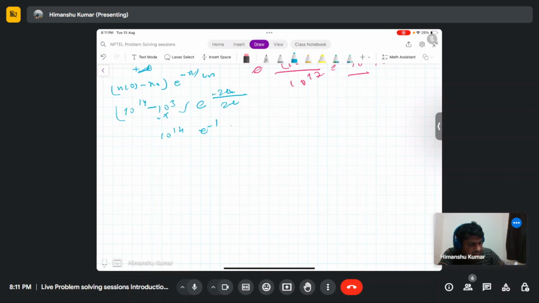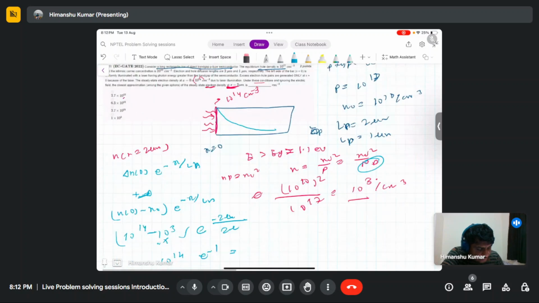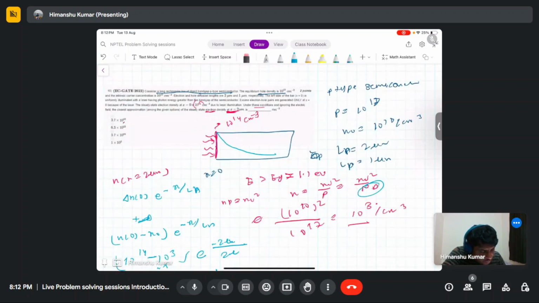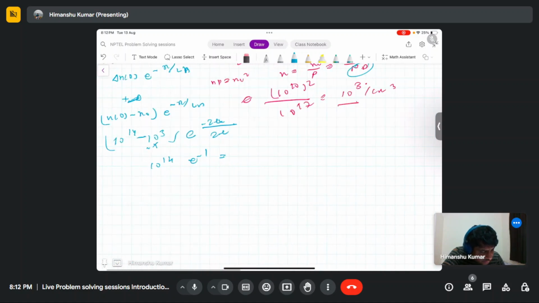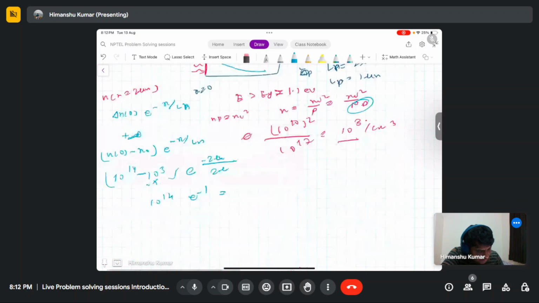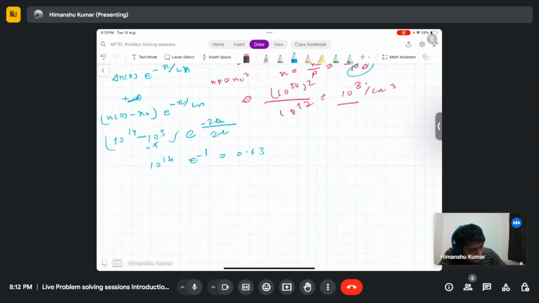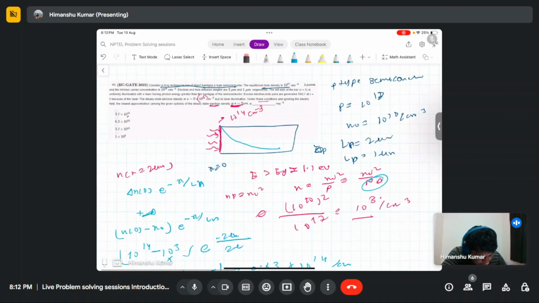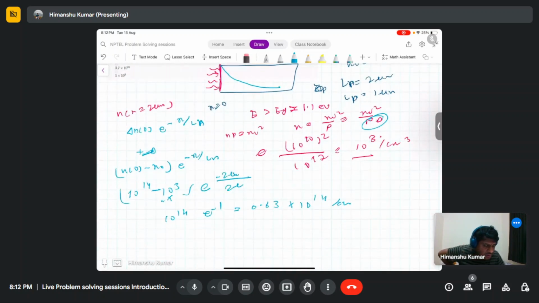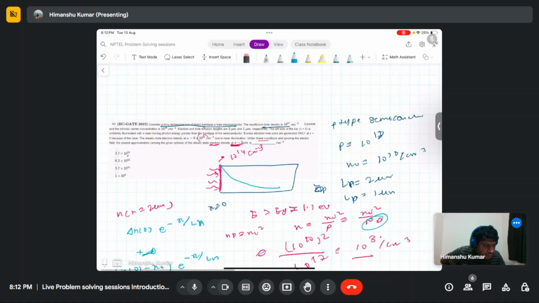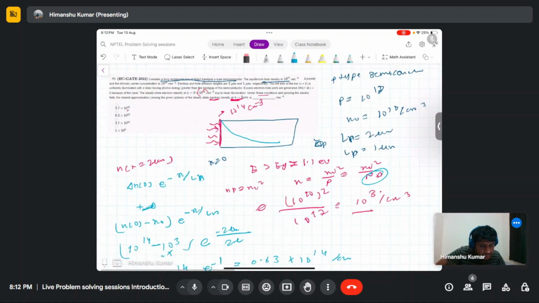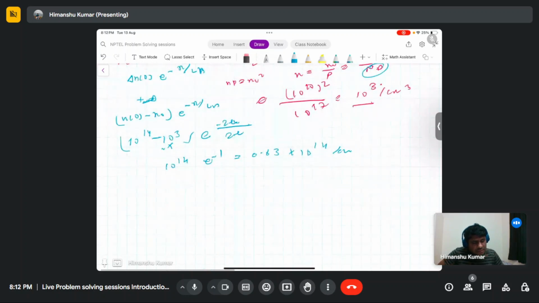It will be around 63%. So exponential of minus 1 is 0.37, and 1 minus exponential of minus 1 is 0.63.